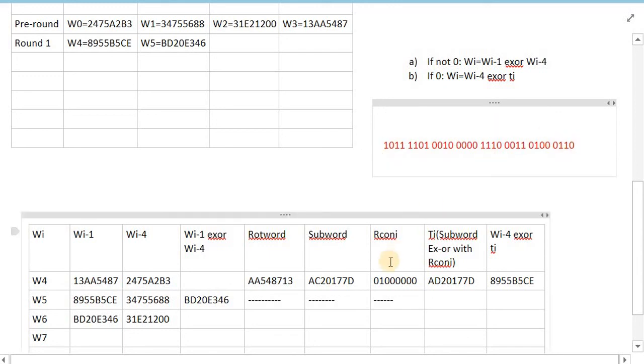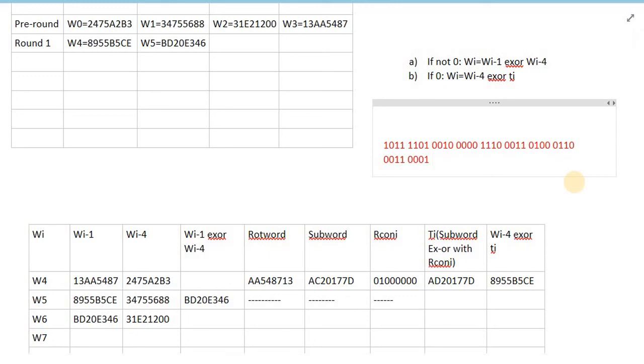Now the binary equivalent of this one: 31 is 0011 0001, E is 1110, 2 is 0010, 1 is 0001, then 0010 and 0 and 0.